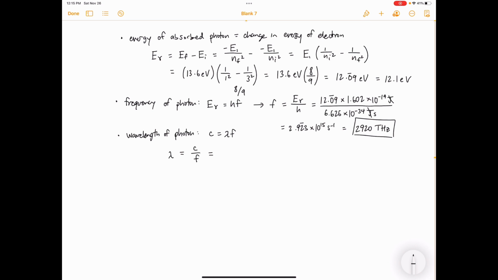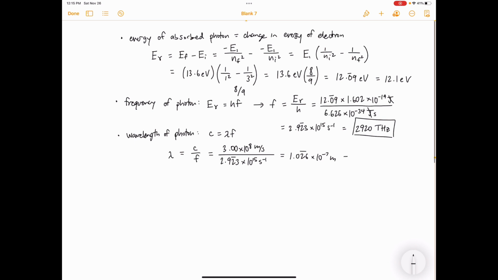And remember, c is 3 times 10 to the 8 meters per second. And f is what we just found. It's 2.923 times 10 to the 15th power inverse seconds. Now what this works out to is 1.026 times 10 to the minus 7 meters. This will come out in meters.